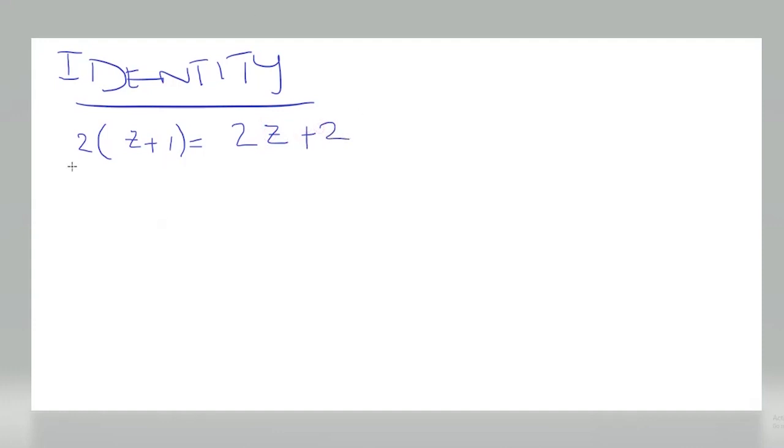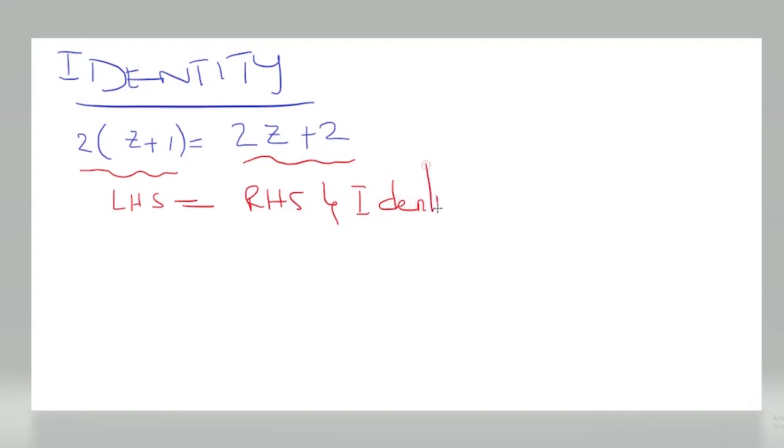So if an expression of the left-hand side is equal to an expression of the right-hand side, then we can say the expression is an identity. And if not, we can prove that the expression is not an identity.